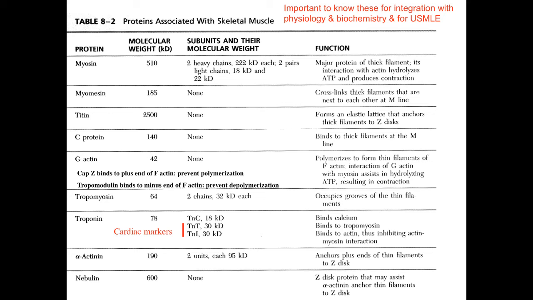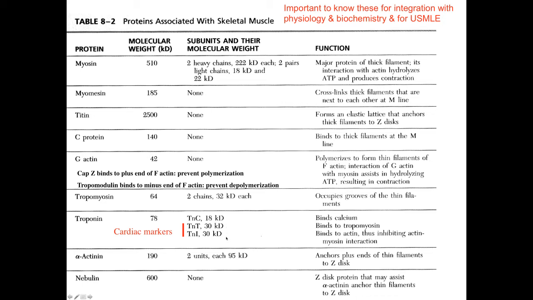Well, as the cardiac muscle cells die, they're spilling troponin. And so one of the biochemical assays that is done very quickly is to look at elevated troponin levels in the blood. If there are elevated troponin levels, if they're looking at the cardiac troponins, that would indicate a myocardial infarct.